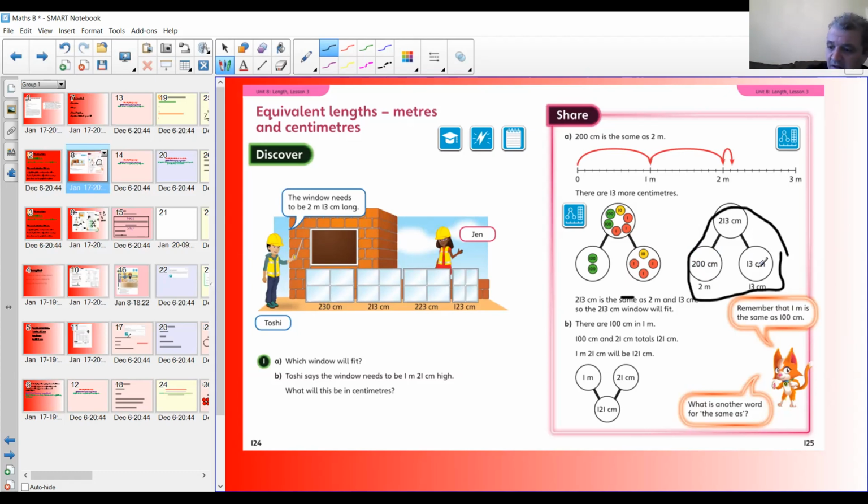And the other part is 13 centimeters. Usually we start with the whole and partition it into two parts, but this time we're going to use the part-whole model slightly differently. Okay, so let me just go into this.